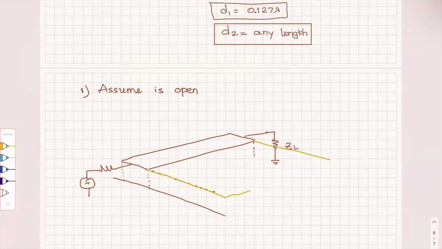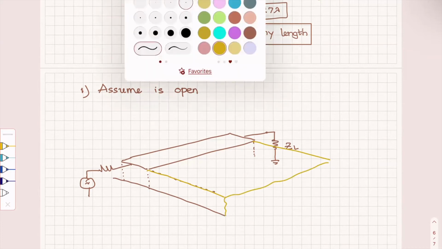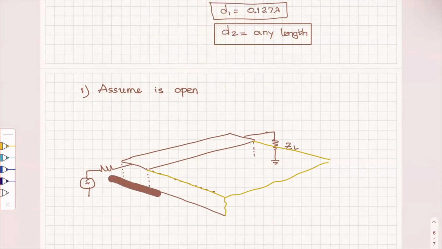Let's assume that. And let's assume that this is the ground line. So I will make them like this. Let's assume that this is the strip, the thickness of the microstrip. Okay, something like that.